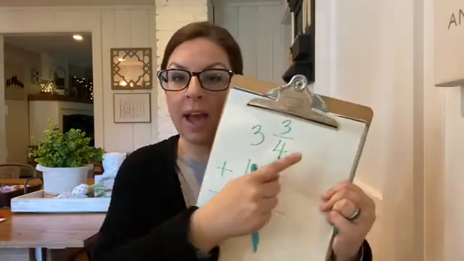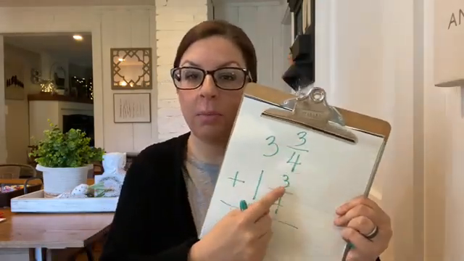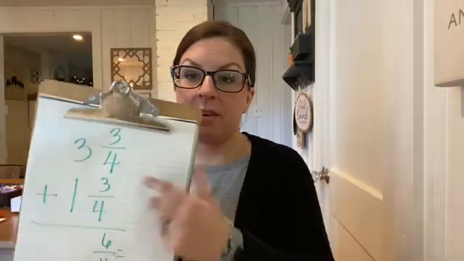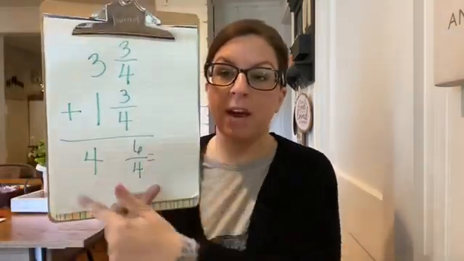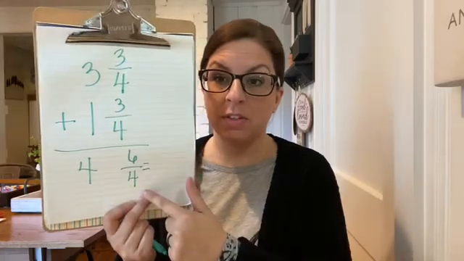So right here we have 3 plus 3 equals 6, okay? So we have 6/4, okay? And then we have 3 plus 1 is 4, okay? So right now we have 4 6/4, okay?